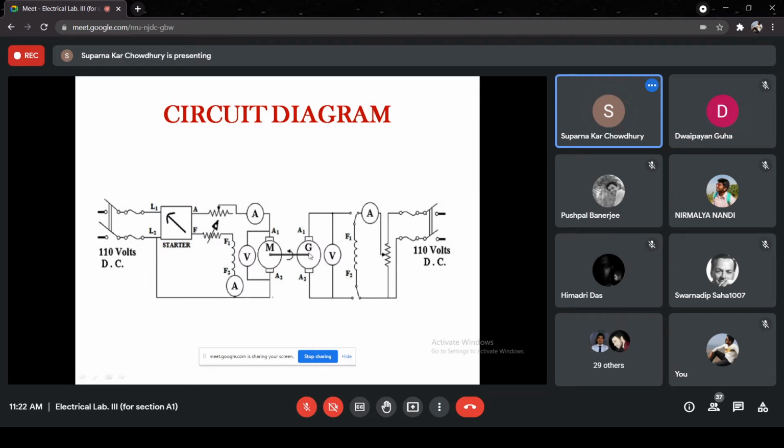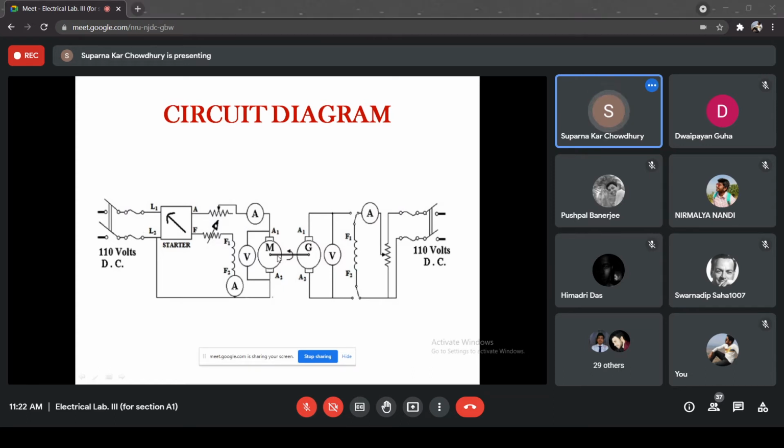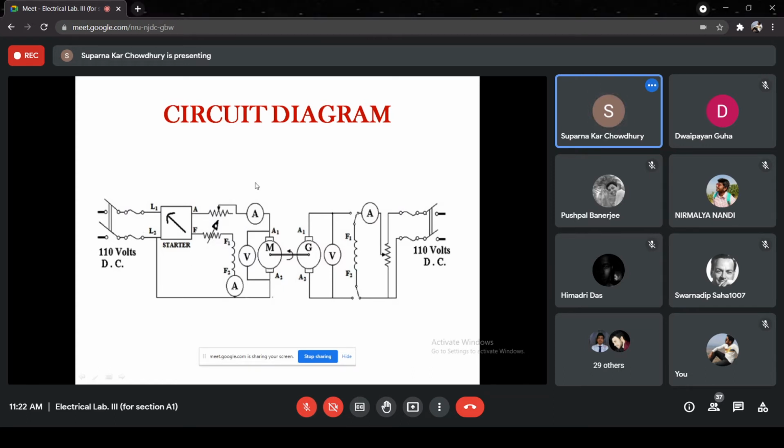Now this generator is coupled with the motor, and say we lift the brushes so they are not there. Then again we run the motor, and the field current should be the same. For the same field current, we run the motor and vary its speed over the same range.